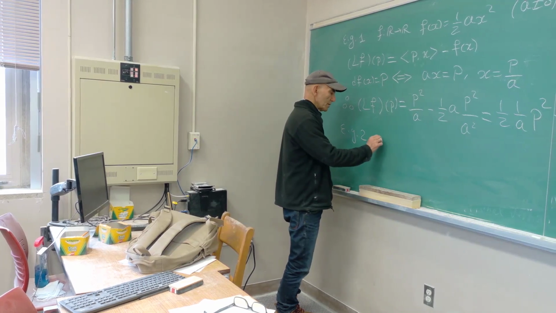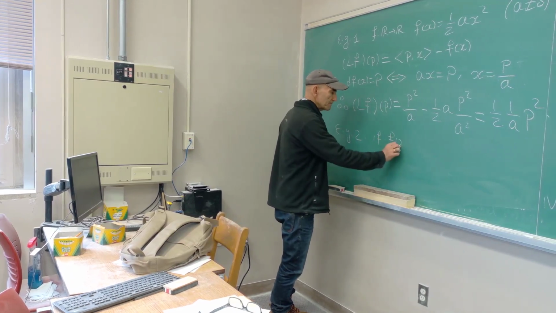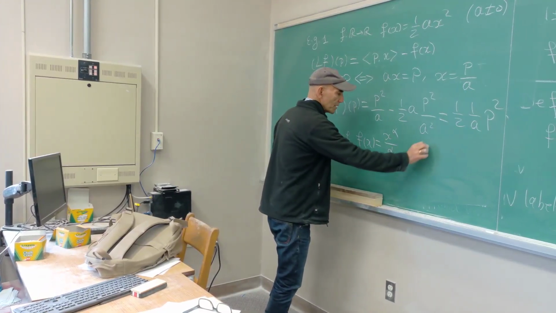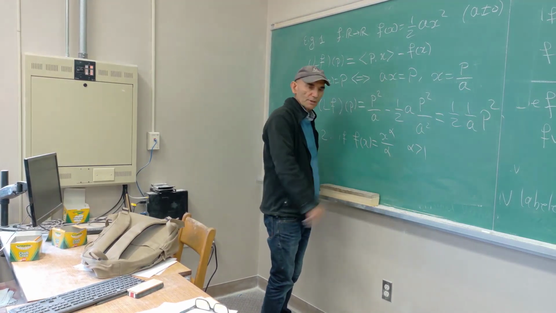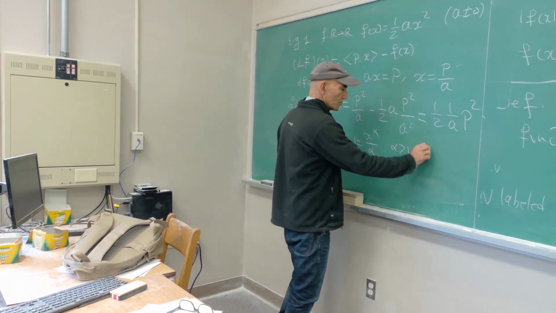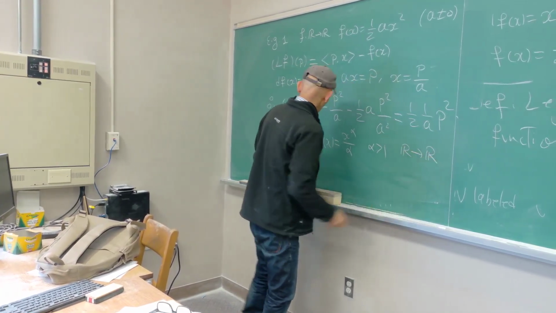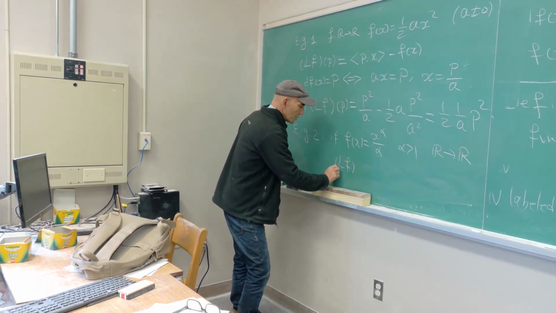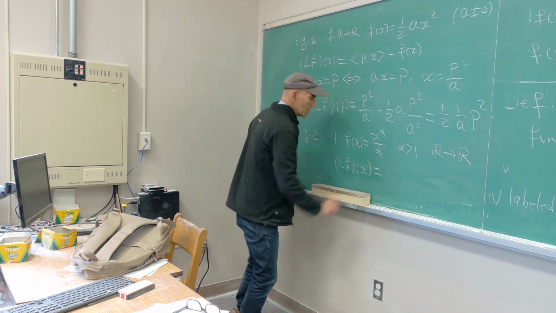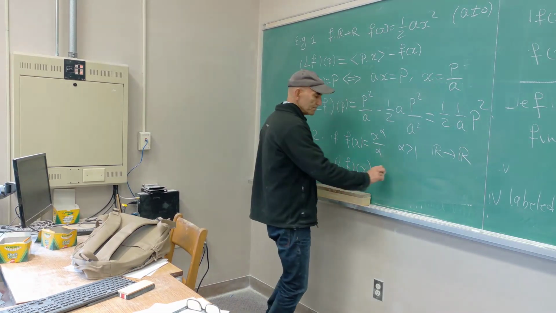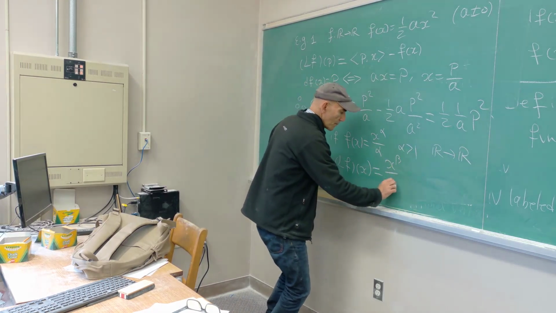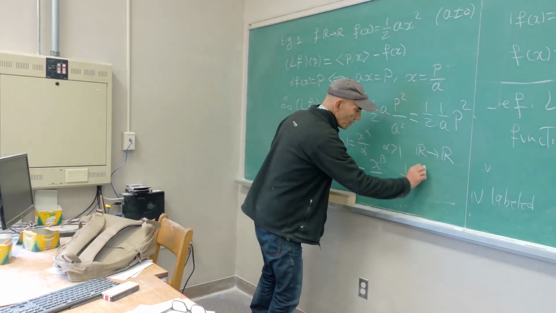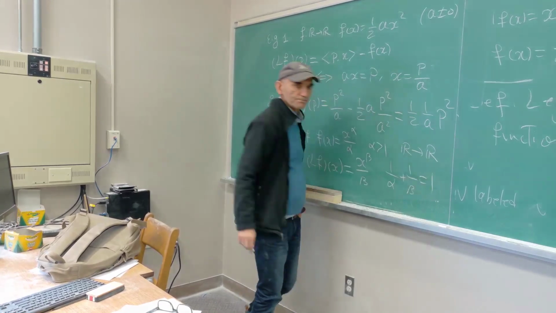I want you to show that if f of x is equal to x to the alpha over alpha, where alpha is bigger than 1, a function from R to R, then you can show that Lf, the Legendre transform of f, of x is equal to x to the beta over beta, where beta is the unique number that satisfies the equation 1 over alpha plus 1 over beta equals 1.